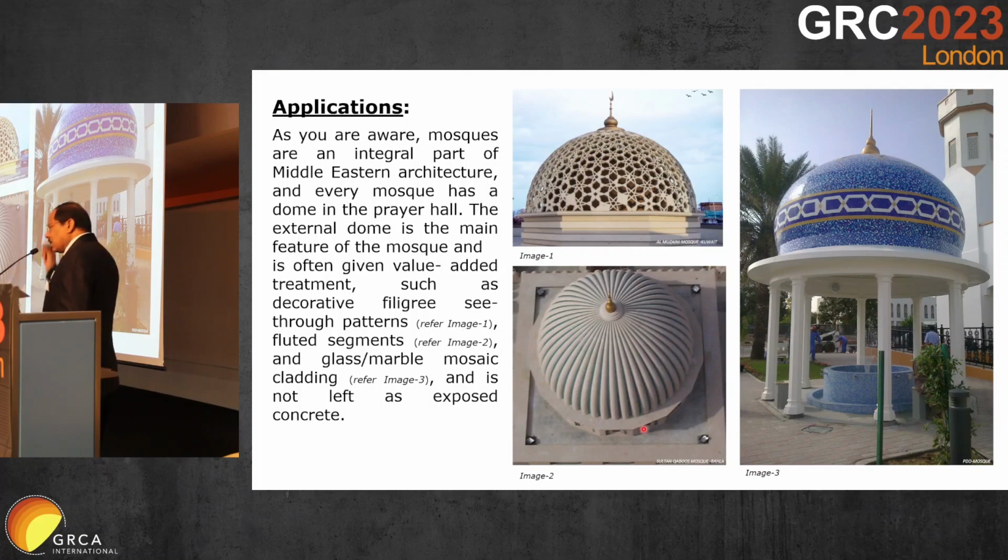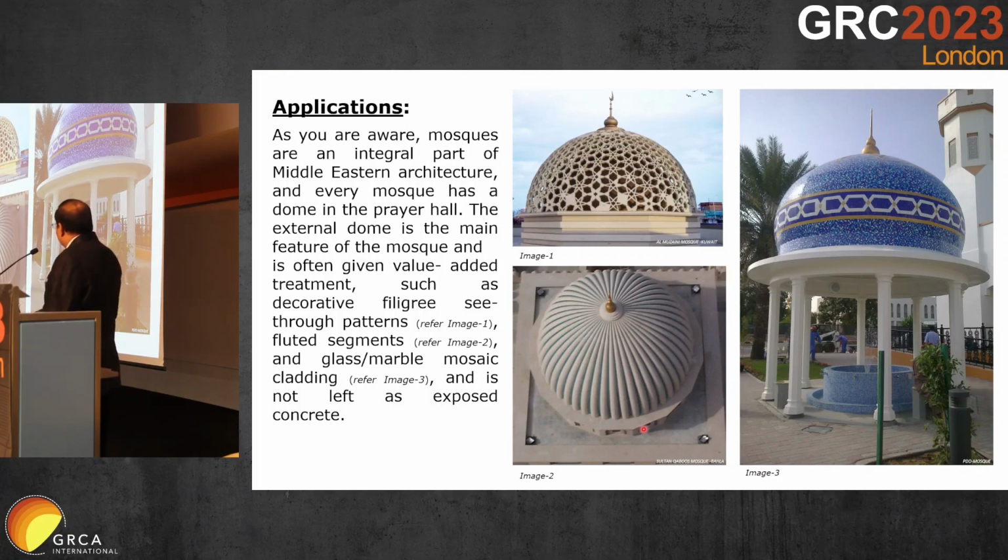And in between there are glass mosaics, and this was directly on the concrete dome. However, this took care of the uneven undulations in the concrete dome just by having a GRC ribbed one. And the only undulations we needed to take care of were where the glass mosaics were. So this was another application.